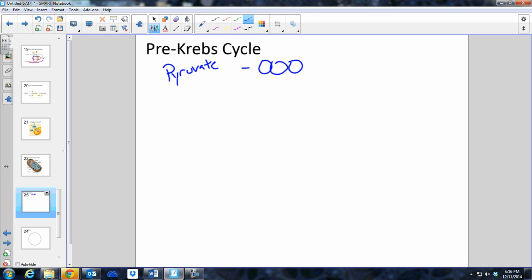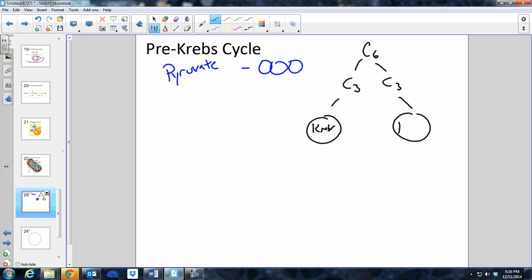It's important to note that two pyruvates were made, because if you'll remember, we had a glucose that was C6, and we made two pyruvates that were each C3, and so we're dealing with just one of those now going through the Krebs cycle here, and the other one also will go through the Krebs cycle.